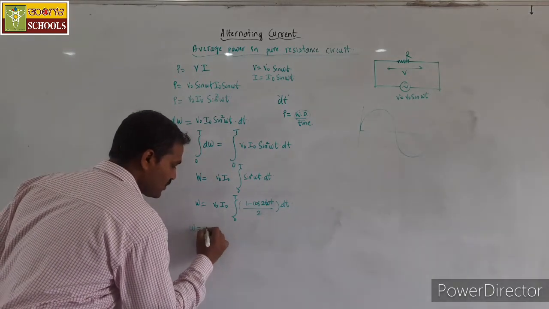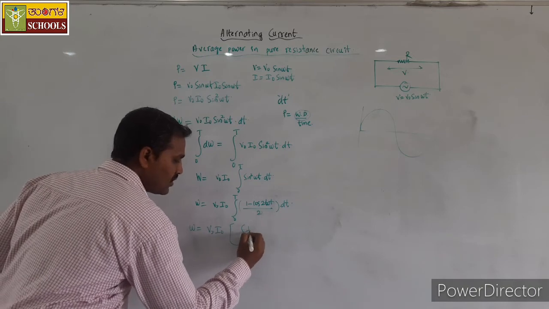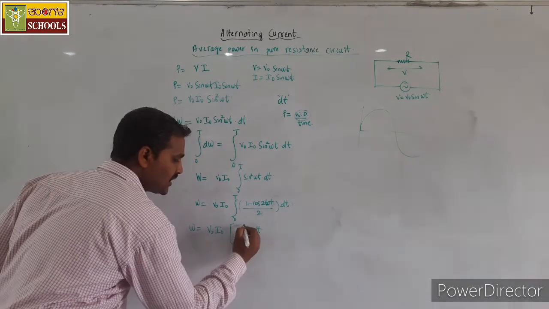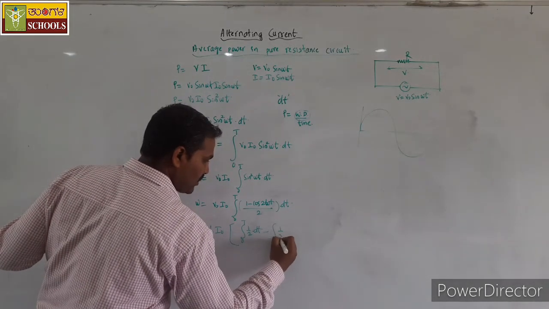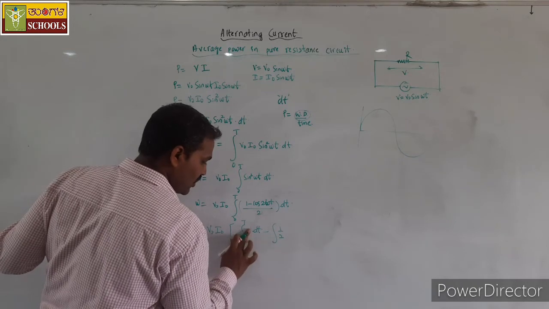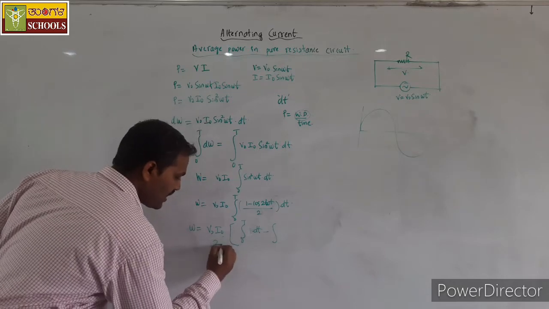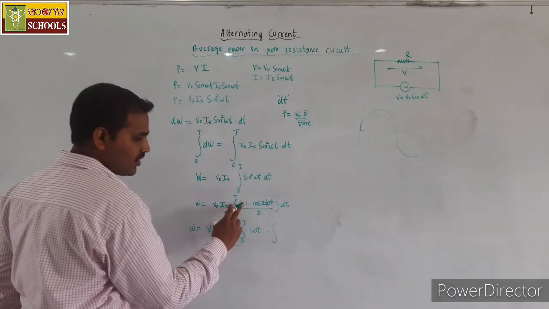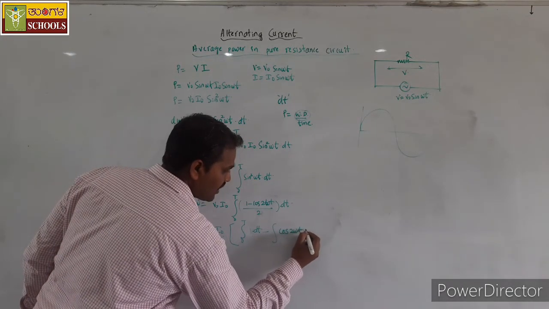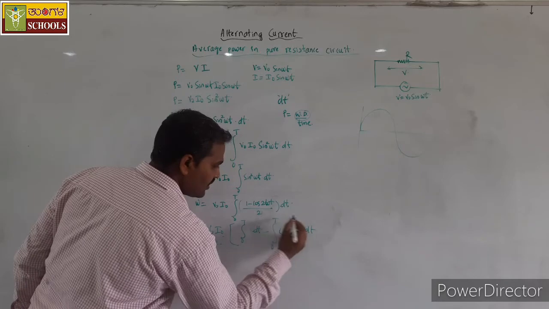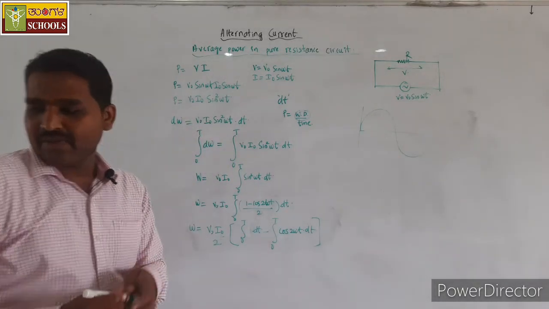So I can write this work is equal to V naught into I naught, and inside the bracket I will integrate 1 by 2 into dt between the limits 0 to T minus 1 by 2 into the integral of cos 2 omega t dt. Or better, we shall take this 1 by 2 outside. So here I will have V naught I naught divided by 2, integration of 1 into dt minus integration of cos 2 omega t into dt between the limits 0 to T. Then let us simplify it further.